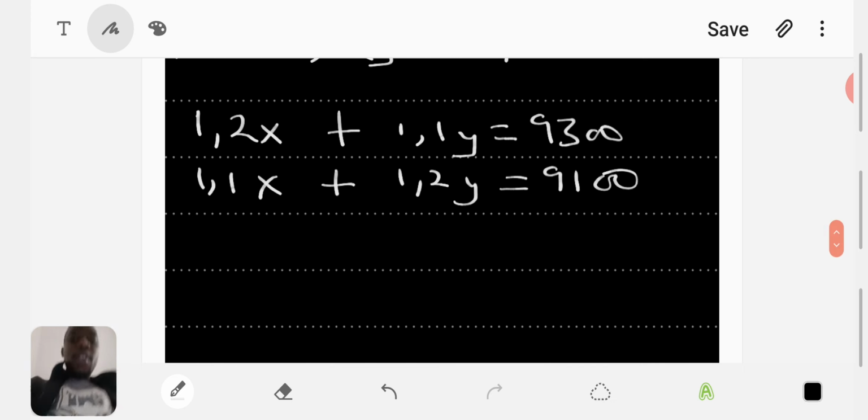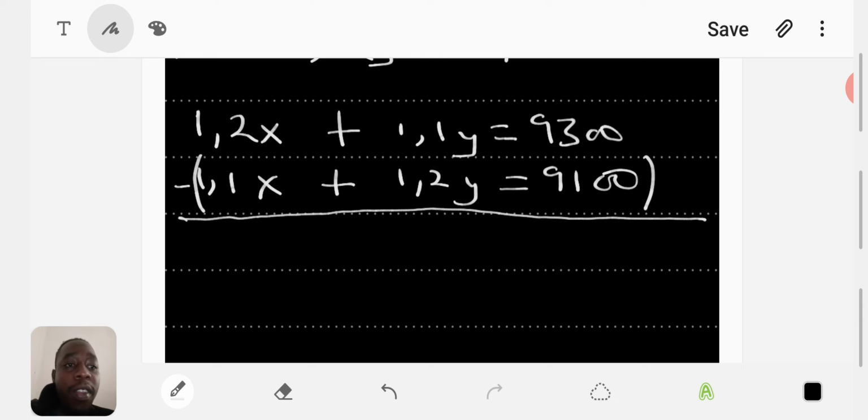Now we solve our simultaneous equations.